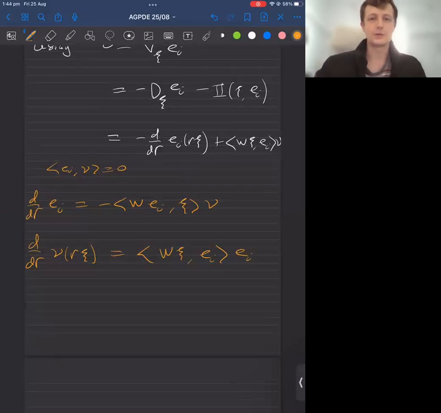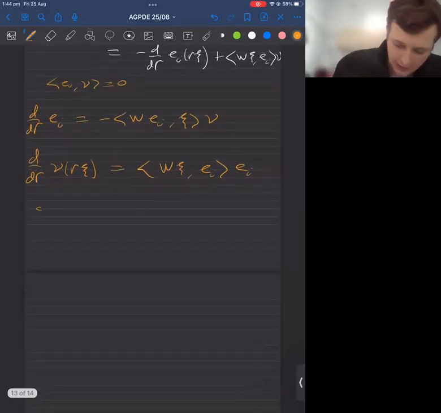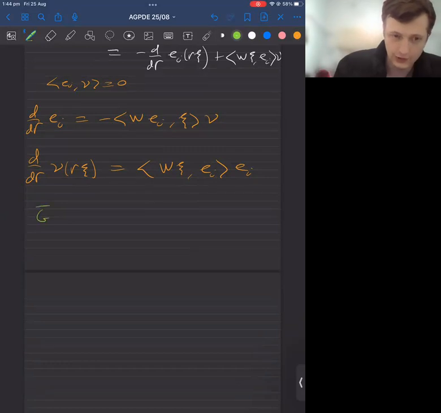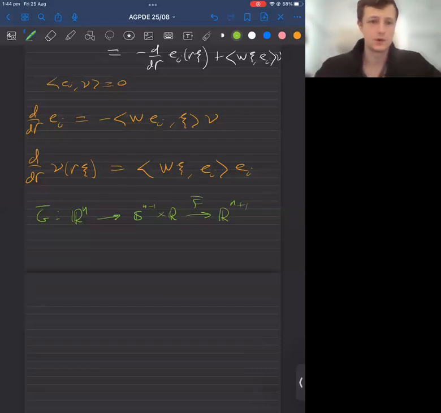But then you can play the exact same game for the cylinder. So similarly, you have normal coordinates G bar mapping from R^n into the cylinder, which gets mapped into R^(n+1) by n.